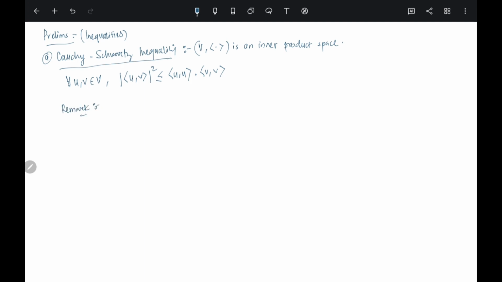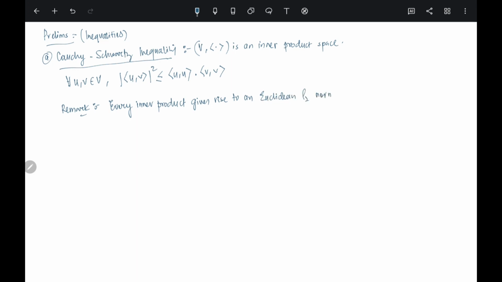Every inner product gives rise to a Euclidean, that is L2, norm.